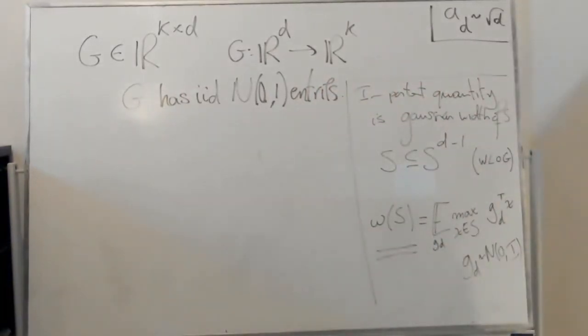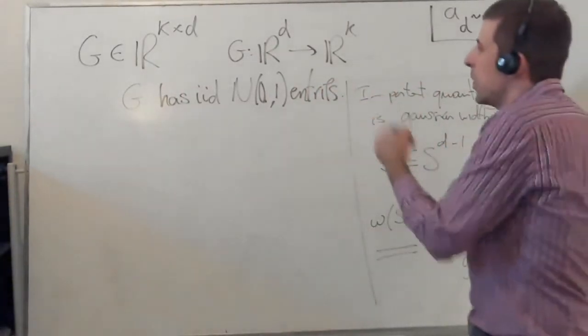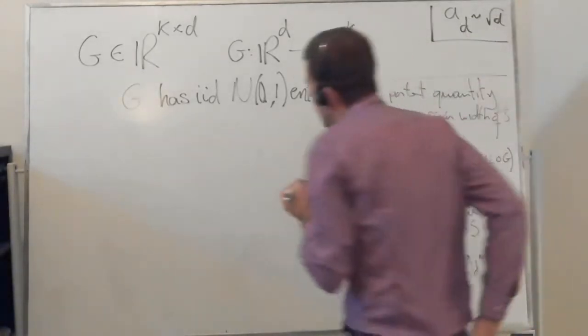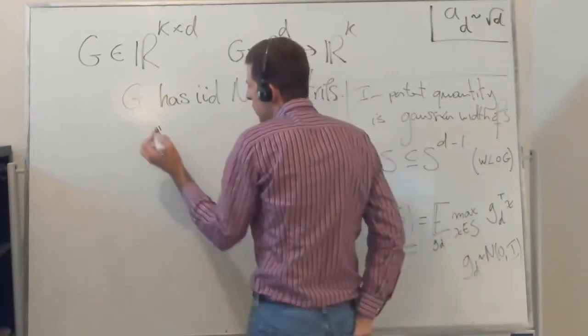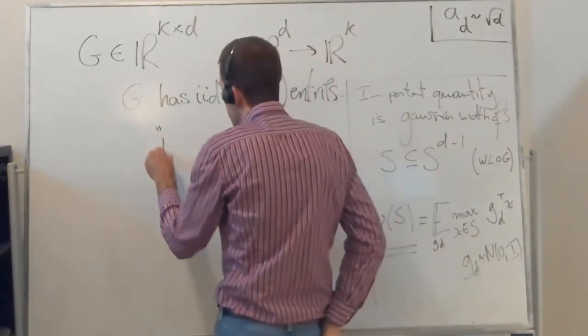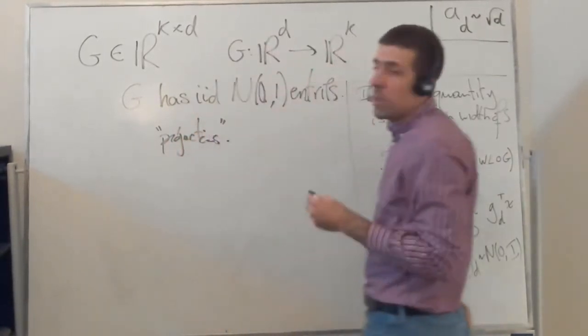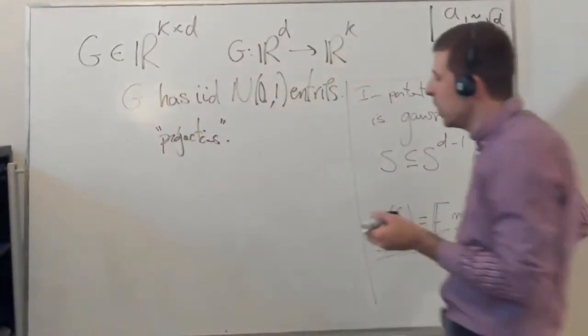Okay, so of course, we need to normalize, so that even on average, the norms get kept. And so the matrix we're going to use for the projections, I mean, it's not really a projection matrix, but it'll be very close to one.